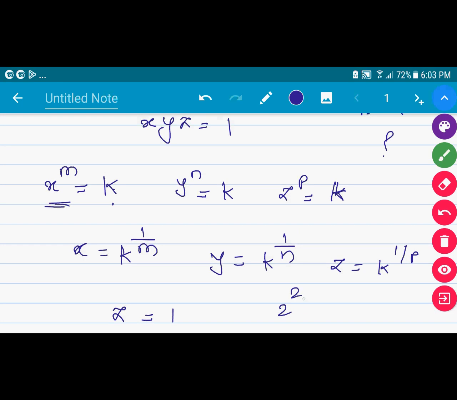See, 2 raised to 2 is equal to 4, 2 to the 4, 4 to the 8, 8. Now this is m and this is k. Now what is this? 2 cube is equal to 8. That means 8's cube root is 2.